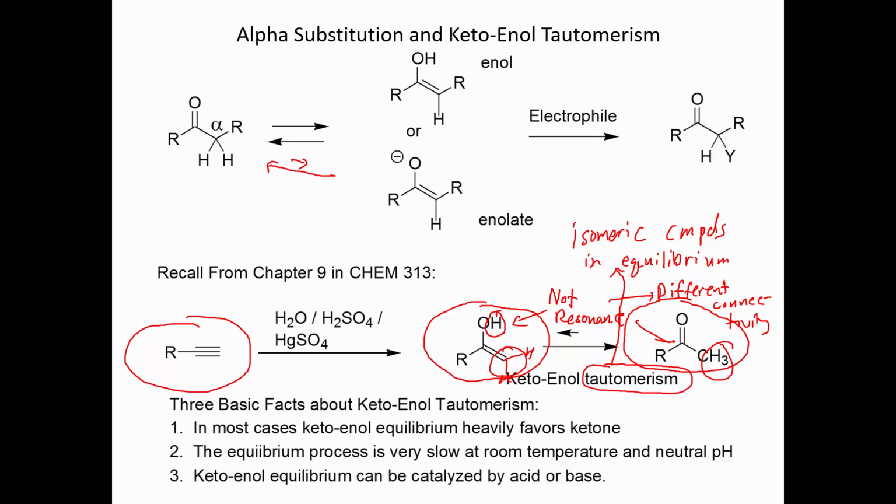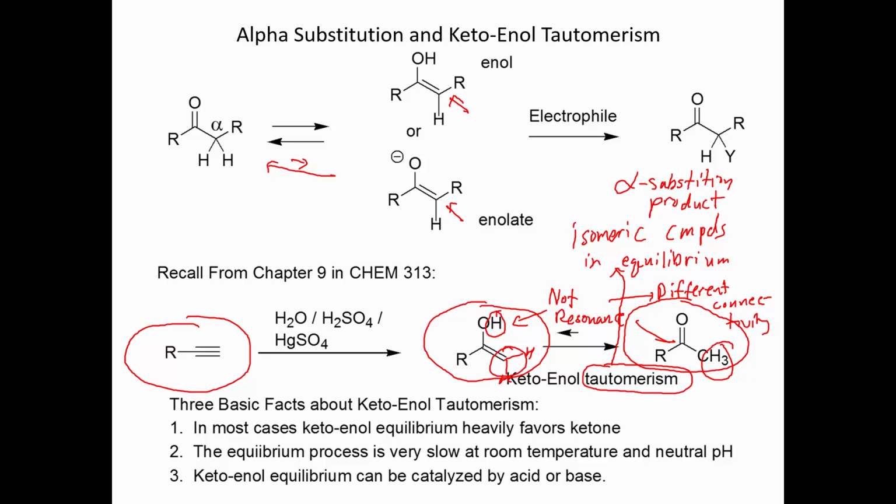but we just speed up the process tremendously. Okay, in organic chemistry, where these species, enols and enolates, become really useful is when they react with an electrophile. They almost always react with an electrophile at carbon. Okay, and this forms what we call an alpha substitution product.